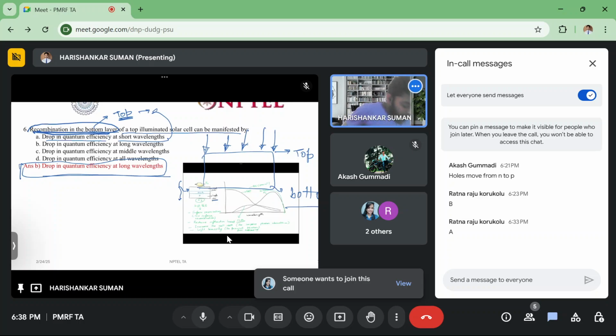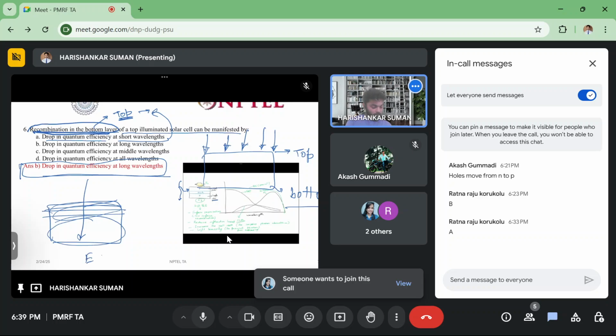Light passes through the material, so shorter wavelength is absorbed by the top surface and longer wavelength light is absorbed by the bottom surface.